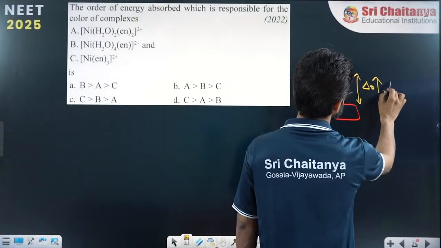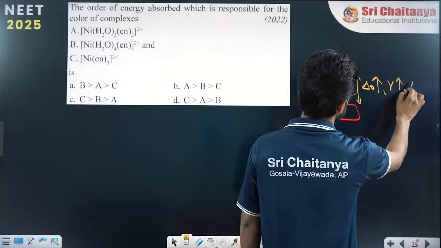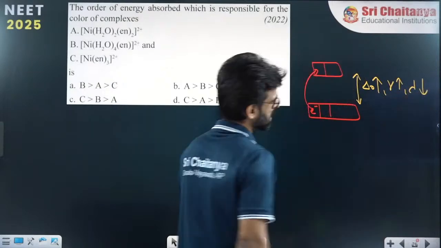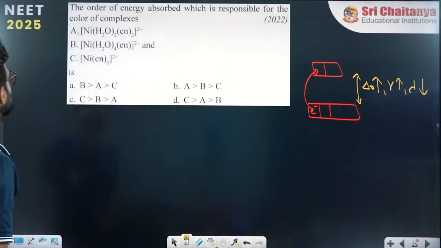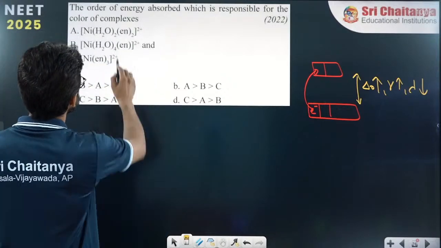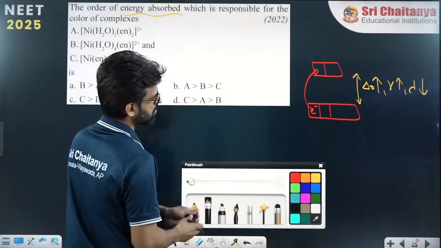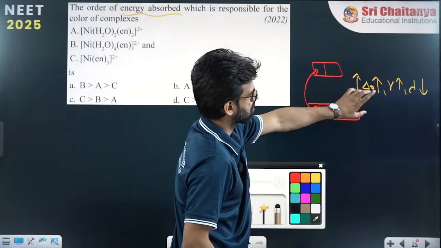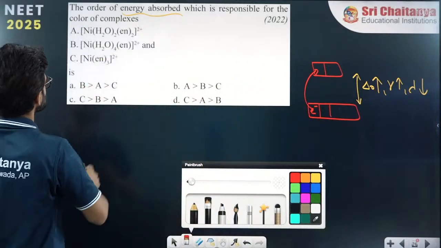Split more means I need radiation of higher frequency, or I can say radiation of lower wavelength, to jump, right? So they are talking about the energy absorbed. So the stronger the ligand, the more the gap, so more energy is required to jump upward in excitation.